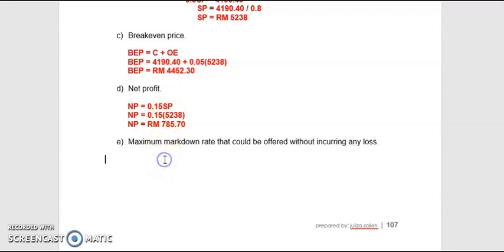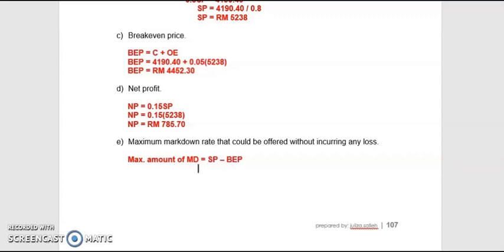Okay, so here we must calculate amount of maximum markdown first. So this value will be given by the difference between selling price and break-even price. Okay, selling price minus break-even price will be the amount of maximum markdown.